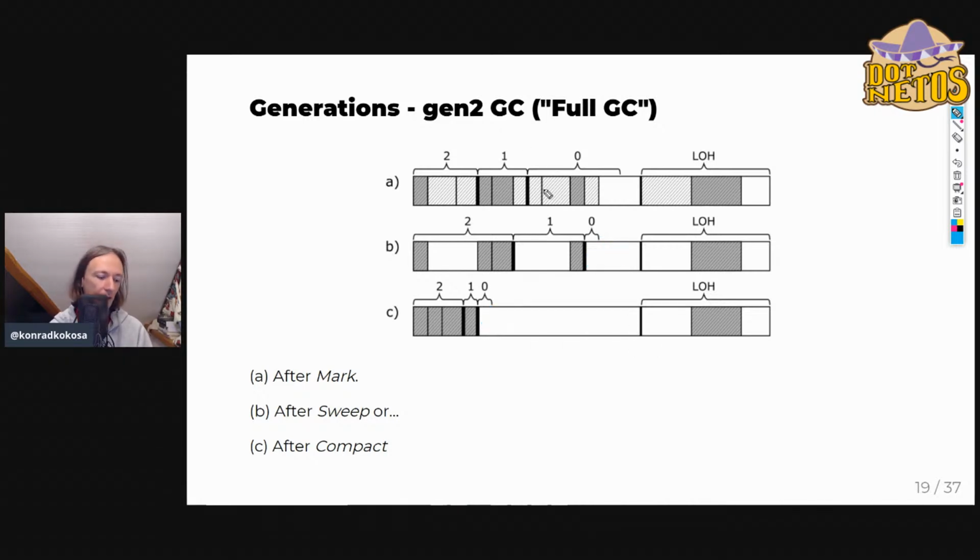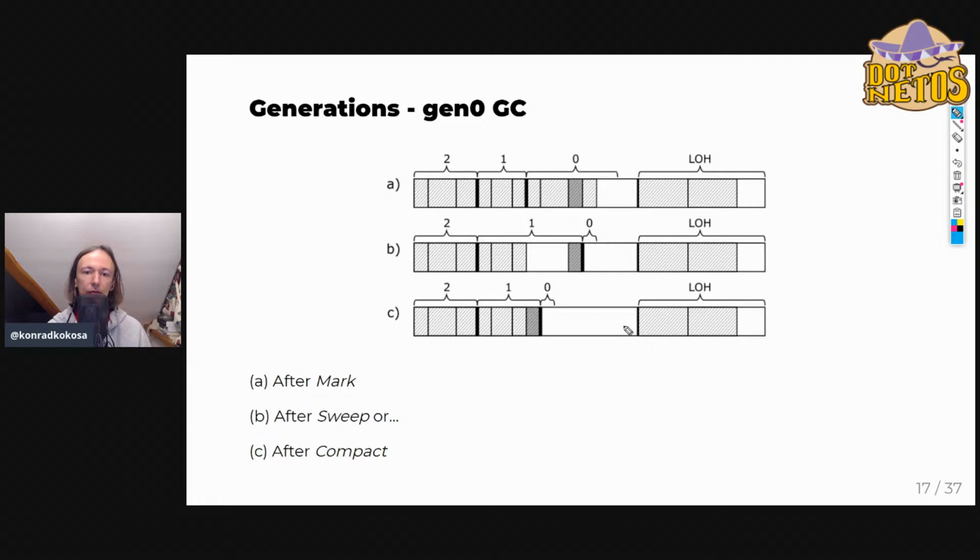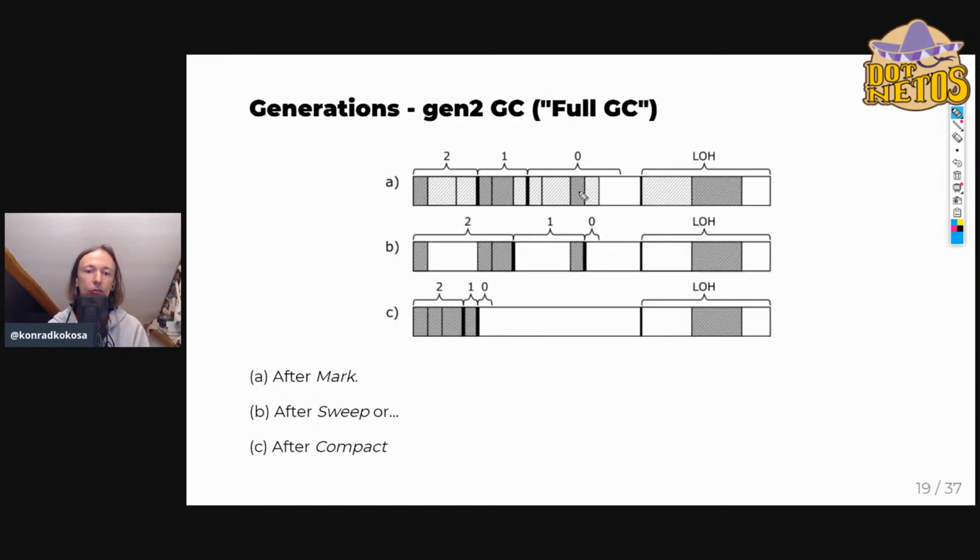And because of these boundaries, we can pretty nicely track what we need to collect, and it reduces a lot of work, because you can imagine that this scenario, when you consider only Gen 0, requires a lot less work, for example, in terms of marking, because we have only a small subset of objects to be marked, to be traversed, compared to the full GC, when we simply need to traverse the whole object graph on the managed heap.